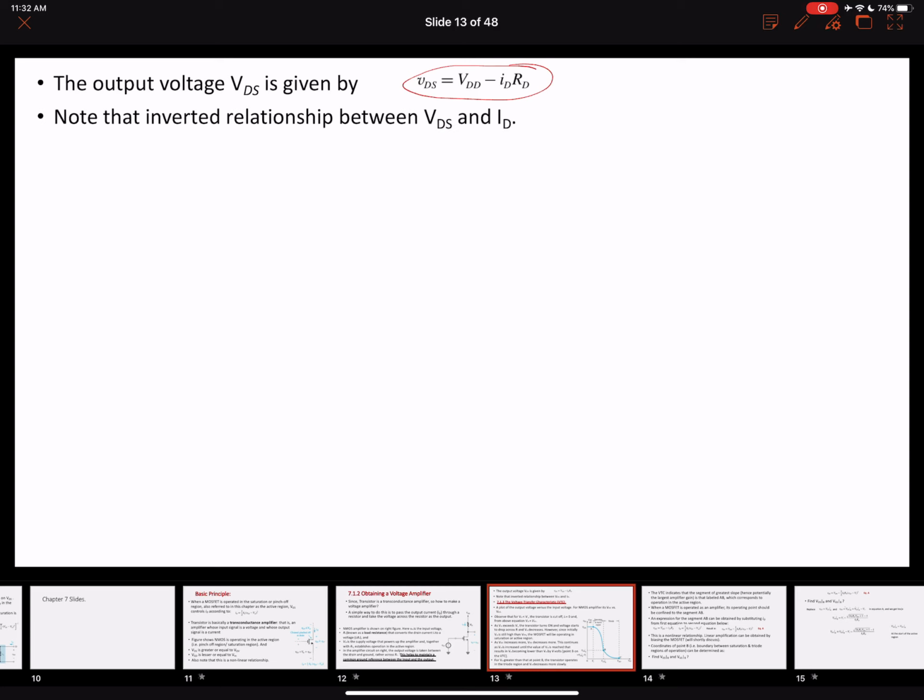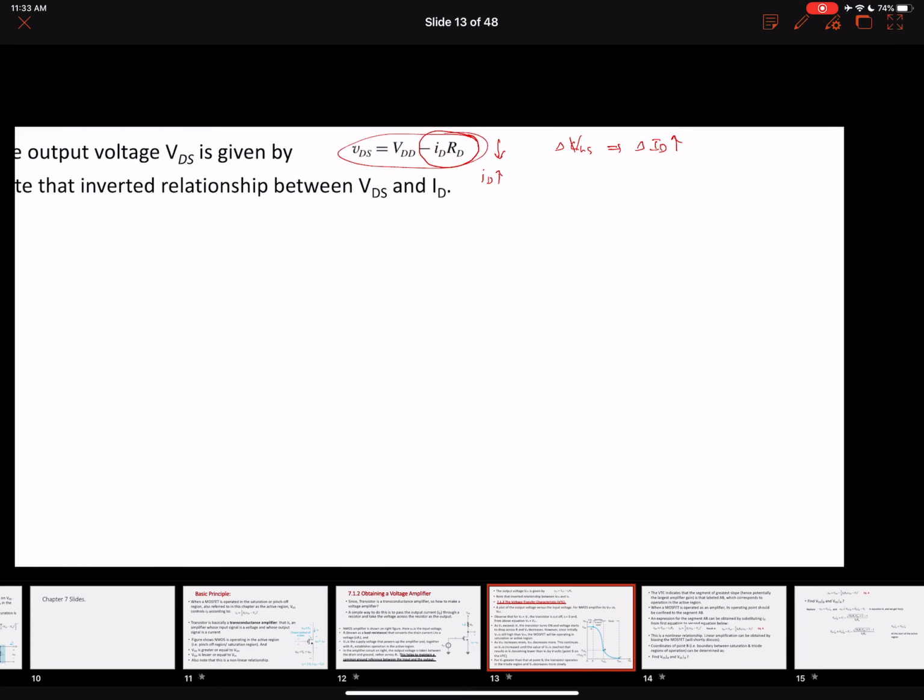Note down this inverted relationship. As our gate to source voltage changes, it changes the drain current. When the drain current increases, the product IDRD goes up, so VDD minus IDRD goes down.